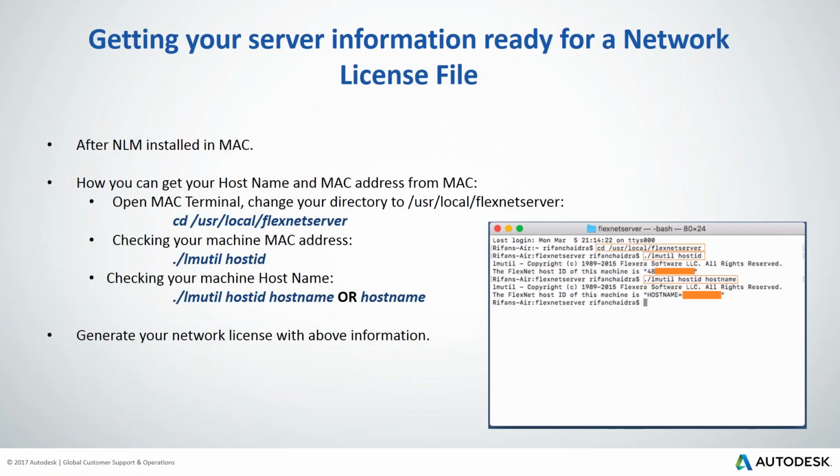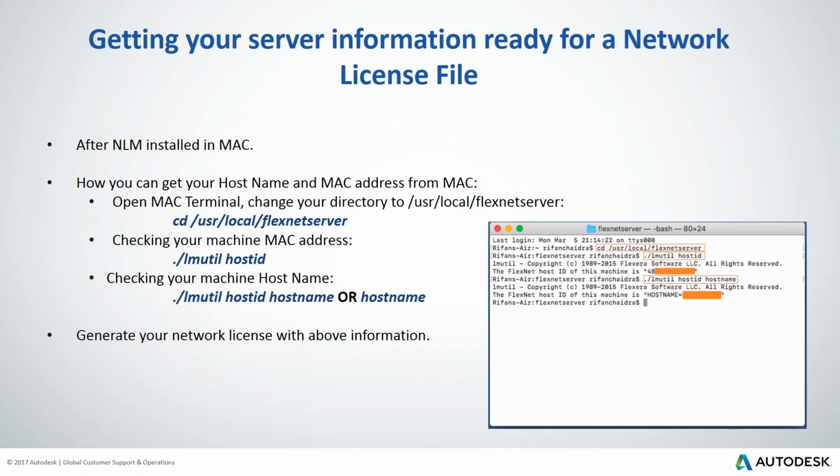All right. After downloading and installing your network license managers, you need to get your network license file now. How can you get your MAC address and host name through a Mac terminal? Here's how you can find the server host name in Mac.